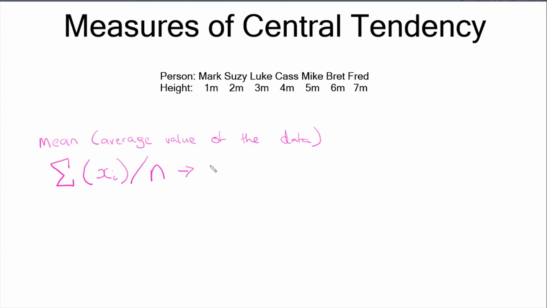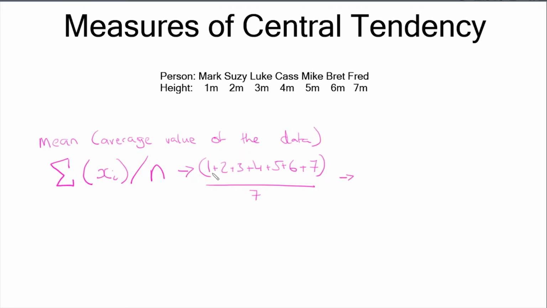So that is equal to 1 plus 2 plus 3 plus 4 plus 5 plus 6 plus 7. And we're going to divide that by 7. It's the number of people. It just so happens that that's the height. I shouldn't have circled that. Well, let's continue on with this.